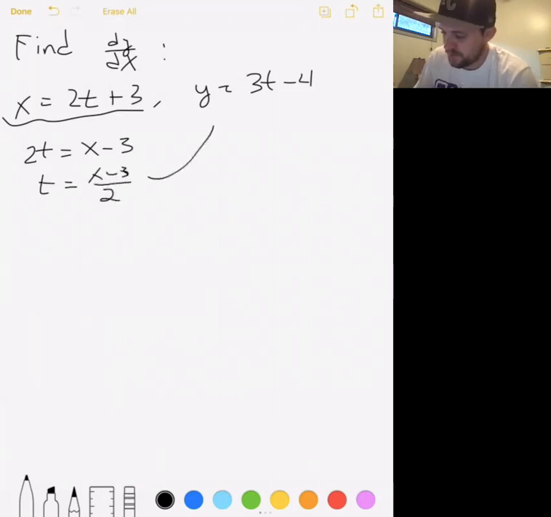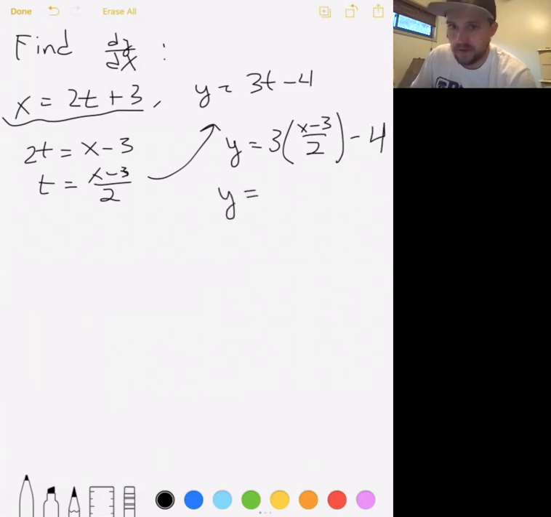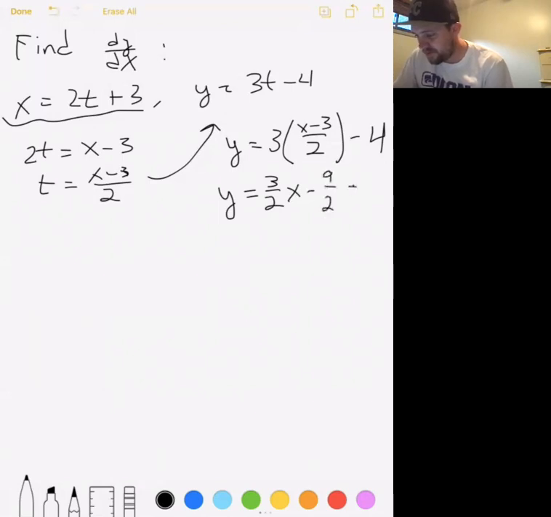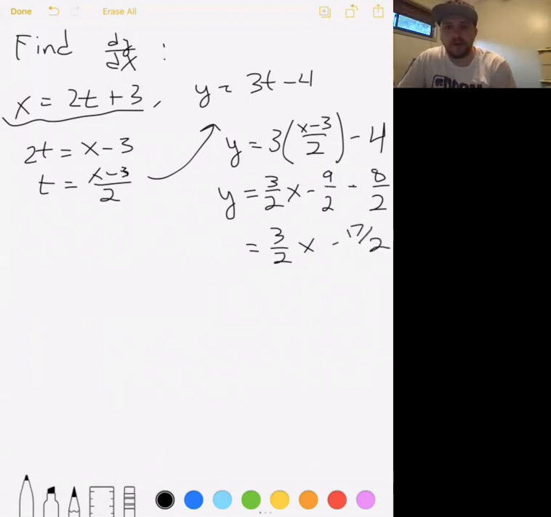If we plug that into our equation for y, we get y equals 3 times t, which is now (x minus 3) over 2, minus 4. The equation for y simplifies to 3/2 x, minus 9/2 minus 8/2, which is 3/2 x minus 17 over 2. So this is the equation for our line.